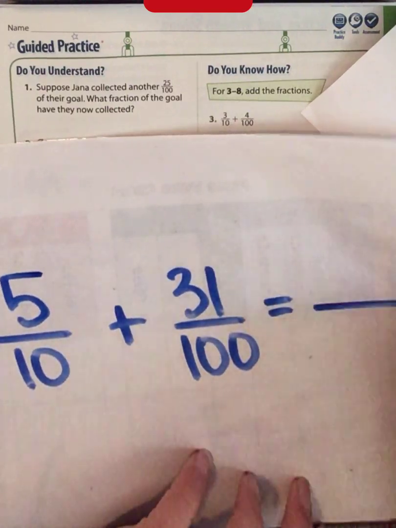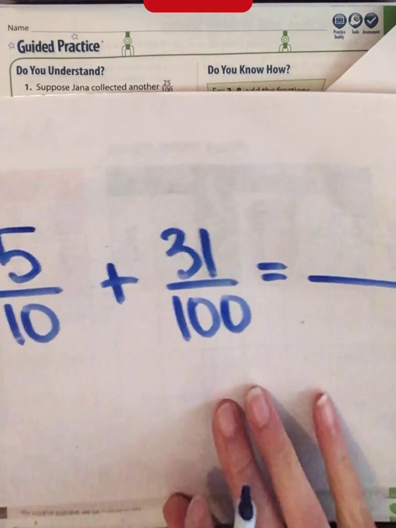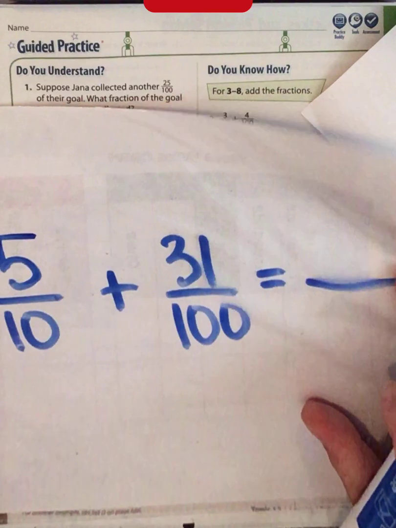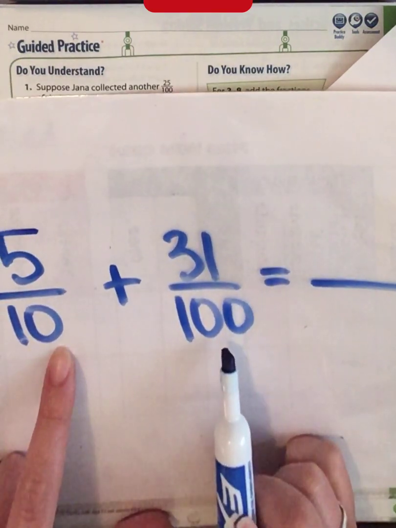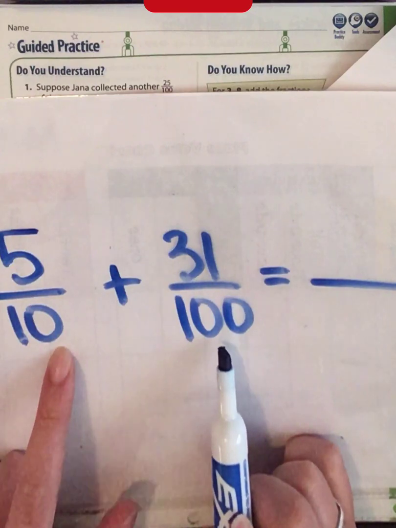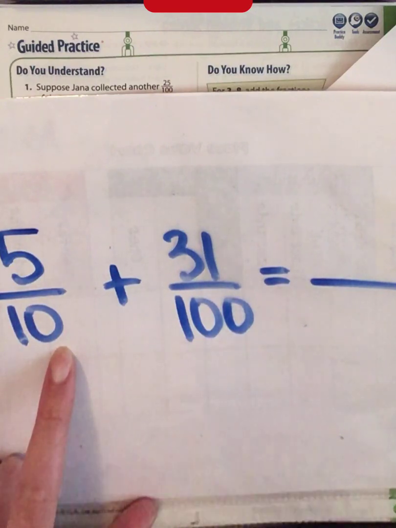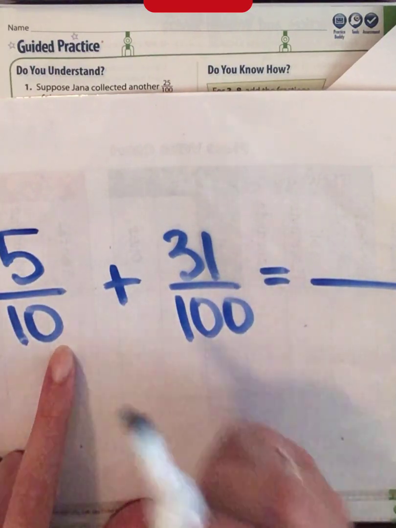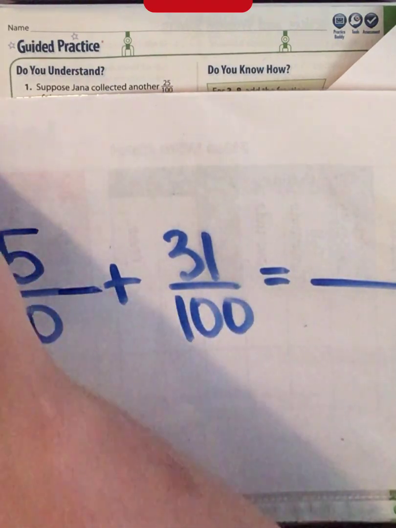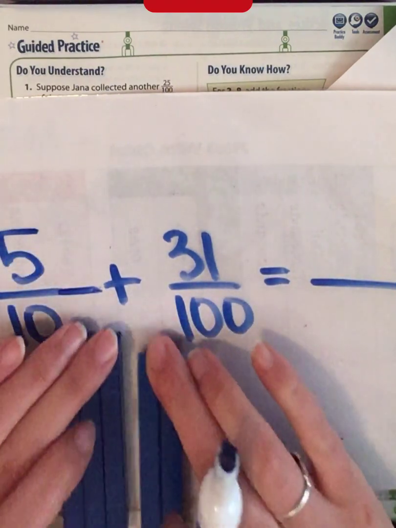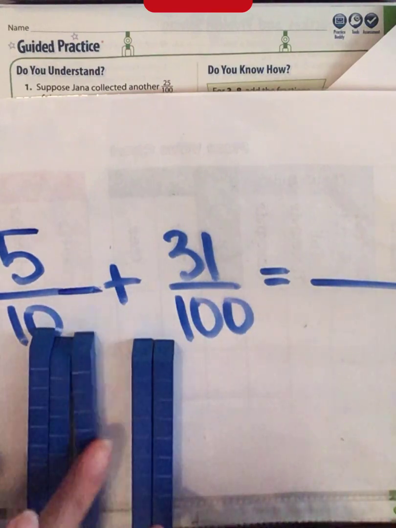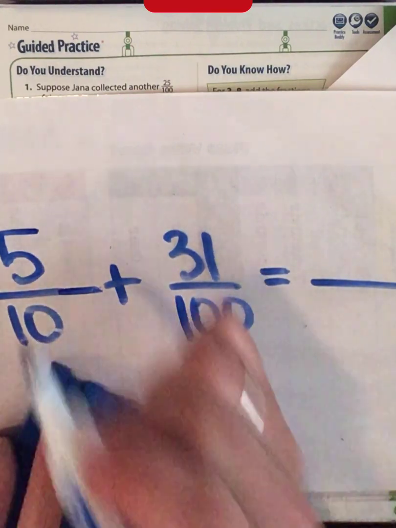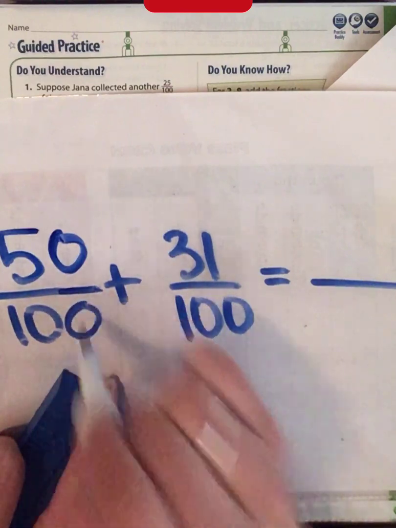And your problem is going to be, are your denominators the same? No. But is there a way that you can make them the same? Yes. 5 tenths, 5 of these 10 blocks, is 10, 20, 30, 40, 50. It's 50 out of 100.